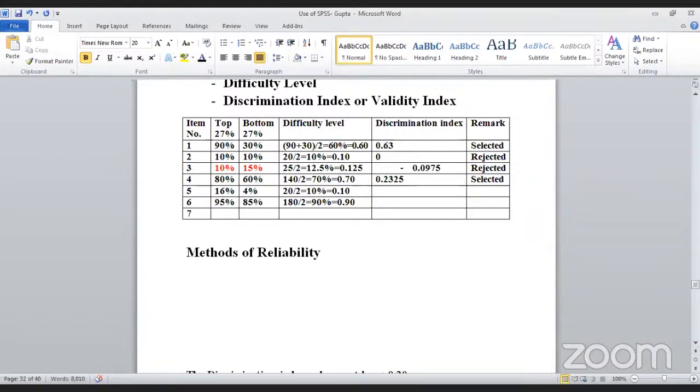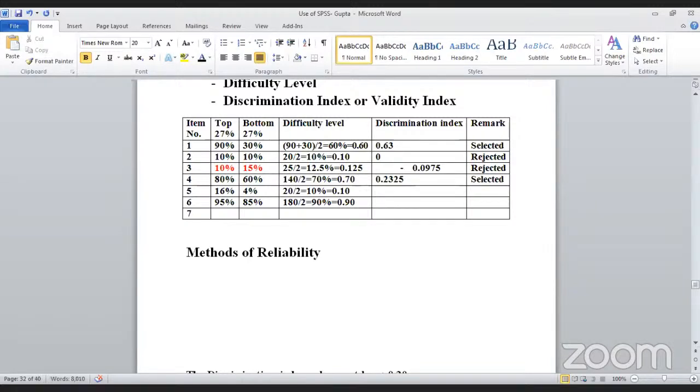Now, you keep these items and arrange them in the form of a test paper. And I hope you know the structure of the test: you write the name of the test, and then you write the name, age, gender and whatever personal information you want. Once you have that, next you put the instructions.